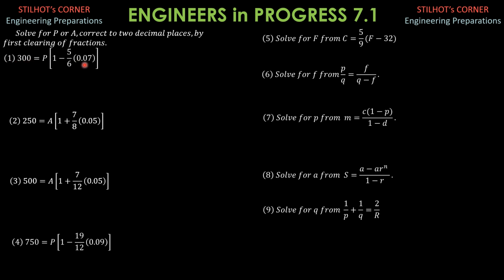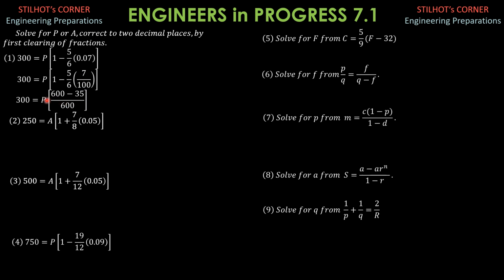We convert 0.07 and write this into a fraction as 7 over 100. So 300 equals P, quantity 1 minus 5 times 5 over 6 of 7 over 100. The LCD in these brackets is 600. Simplifying, this is 600 minus 35 over 600. So 300 equals P times quantity 600 minus 35 over 600.